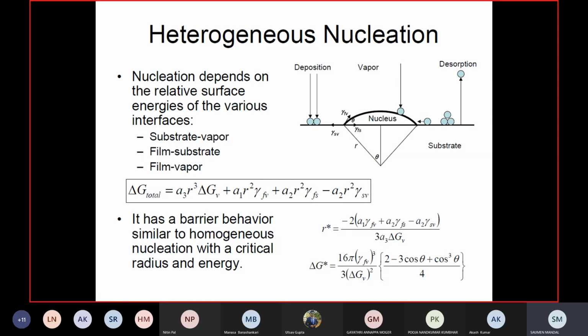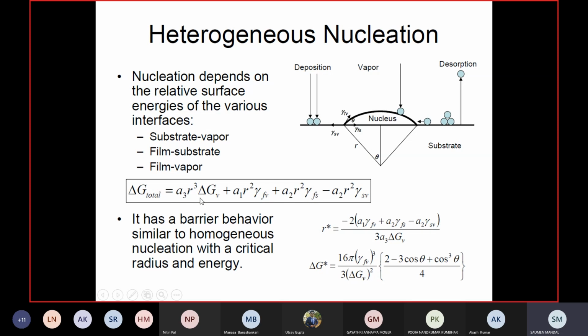We need to consider these three surface energies. Here you see the nucleus formation, and this is del G, the activation or barrier energy required to form a nucleus. Heterogeneous nucleation has this complicated equation.